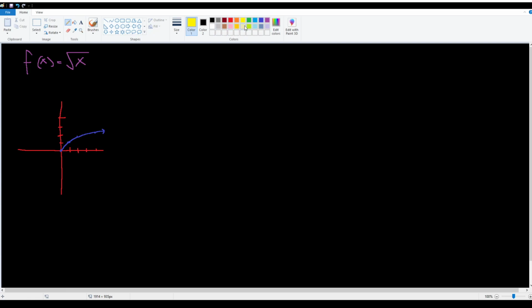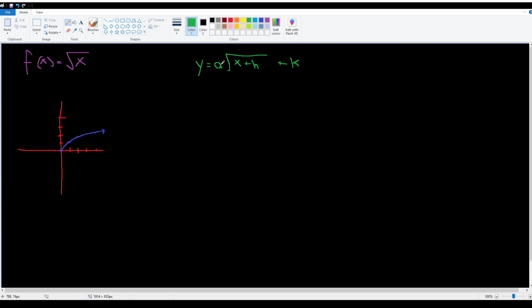So in order to do that, we want to look at anything that we could possibly do to this parent function. Meaning, if I ever wanted to graph y equals a times the square root of x plus h, plus k. Okay, and this is very similar to the one that we had just previously done.